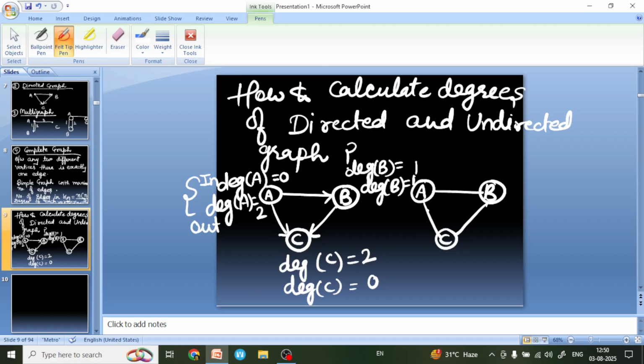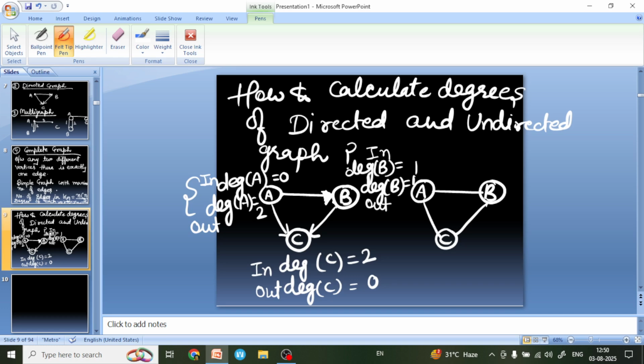First is in degree and the other is out degree. You can see this is the tail and this is the front side. Where the arrow symbol is shown, this is known as in.